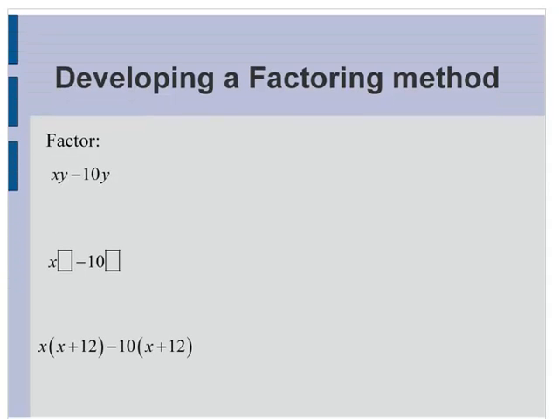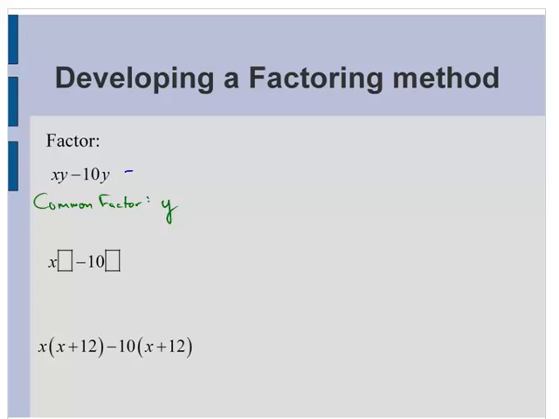So now let's use that common factor method to lead up to another method. All right, so these three exercises are leading somewhere. Looking at these two terms, x times y and 10 times y, the common factor is y.